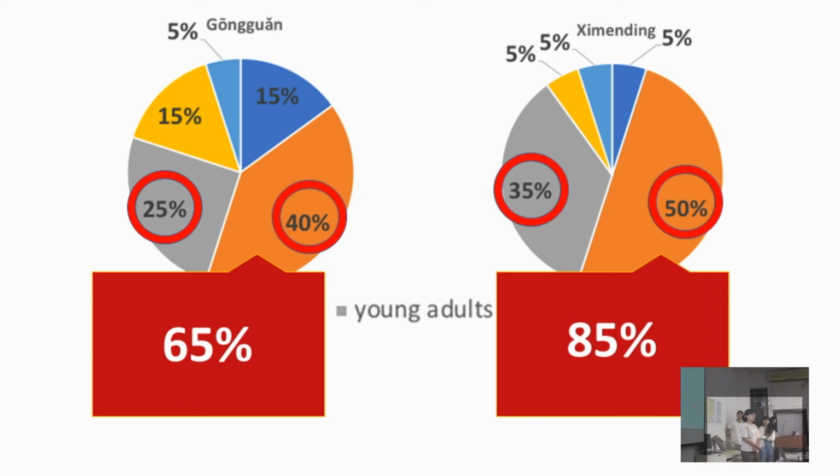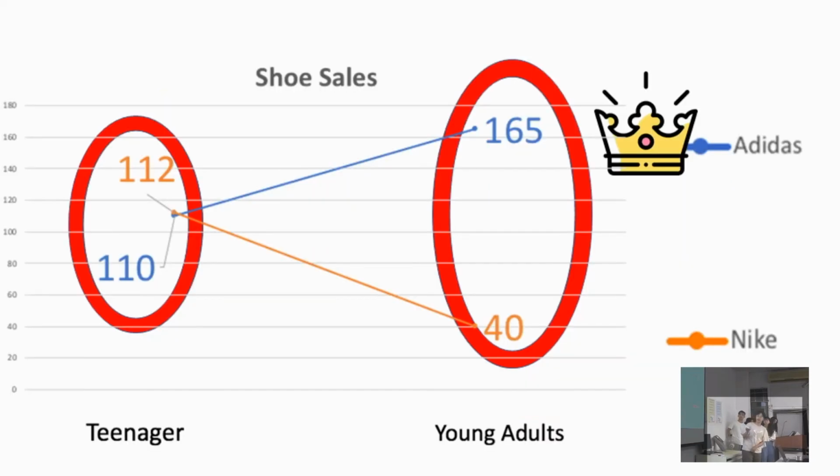Next, let's take a look at the purchase quantity of the 2 groups. Firstly, the teenagers bought 112 pairs of Nike and 110 pairs of Adidas. There's no big difference in this part. And then for young adults, they bought 165 pairs of Adidas, but only 40 pairs of Nike.